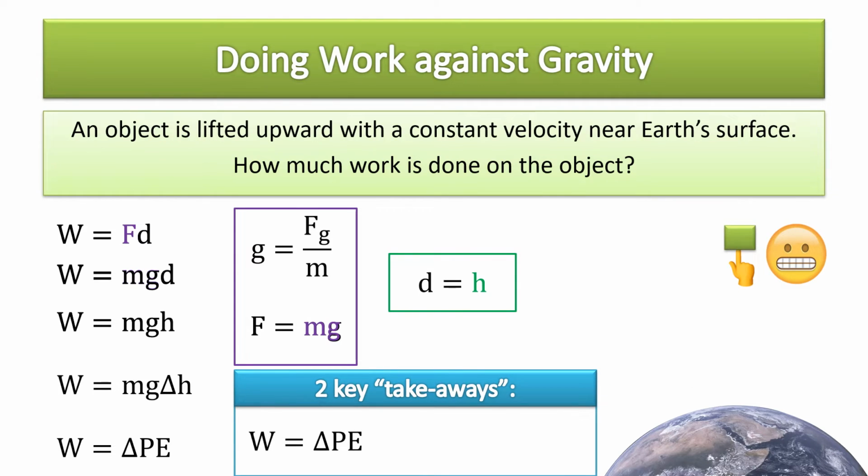So two key takeaways. The work is equal to the change in the potential energy. Very similar to the work kinetic energy theorem, but instead of getting faster or slower and changing our kinetic energy, we're changing our height above some zero level in a gravitational field. And we have mass. And then this also tells us what the formula for gravitational potential energy is. This is what it looks like in the reference table.